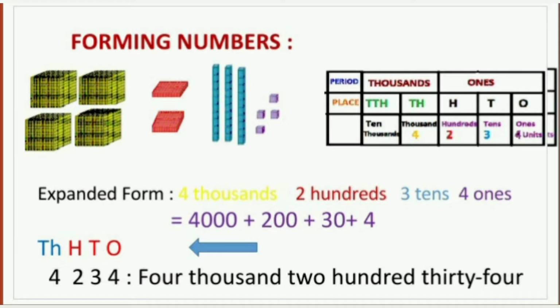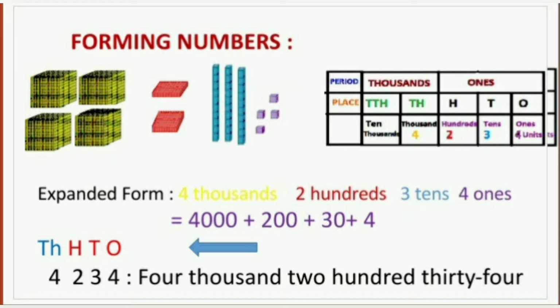In words you can see 4 thousands, 2 hundreds, 3 tens and 4 ones is written, which is same as the line just below that, 4 followed by 3 zeros, 4 thousands, 2 hundreds, that means 200, 3 tens, that is 30, and 4 ones, that is 4.